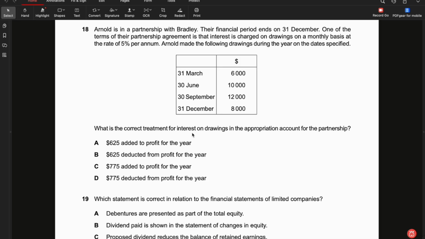So it will increase profit, and then from that amount we will start distributing that profit to the partners in the form of interest on capital, salary, and share of profit. So right answer is 625 added to the profit for the year, A. For 18, correct answer is A.